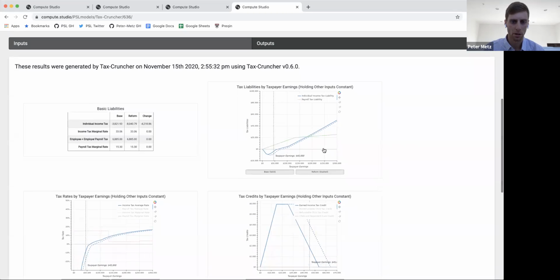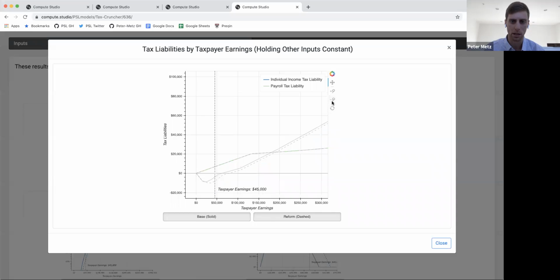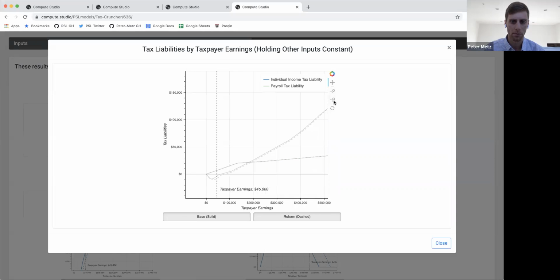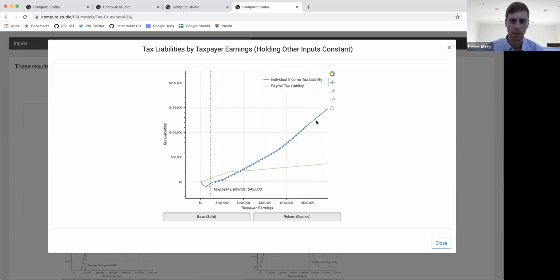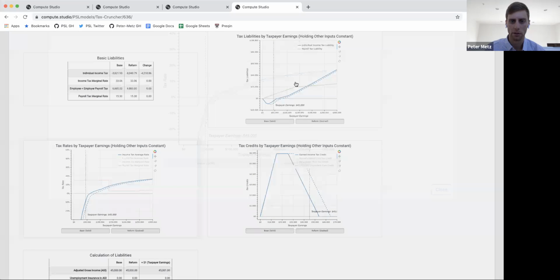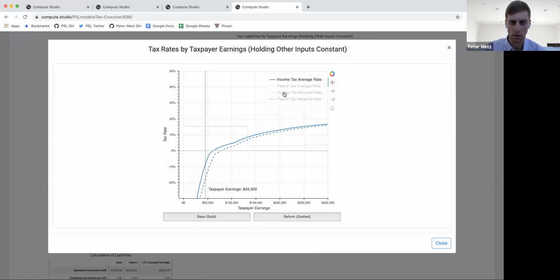All right, so we have similar charts. You can see here that basically at every income, taxpayers are getting a tax cut, except all the way up here when the child tax credit phases out. Let's go ahead and look at the income tax marginal rates and average rates.